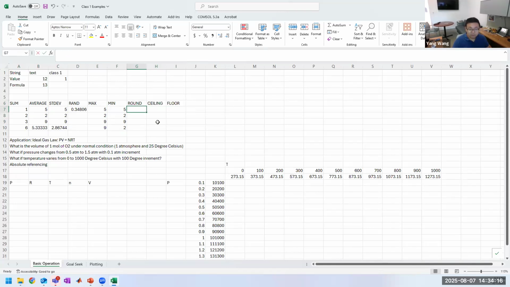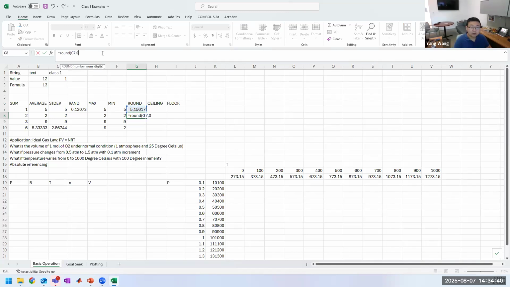Okay, so for example, if you find or calculate a problem and then find out the final answer is 5 point something over here, right? And now you want to round it to the next, let's say the next integer. So what you will do is you will type in round, and then you can decide how many digits you want. Right?